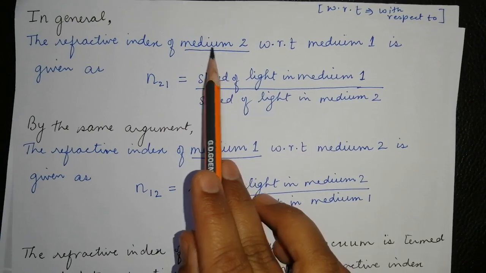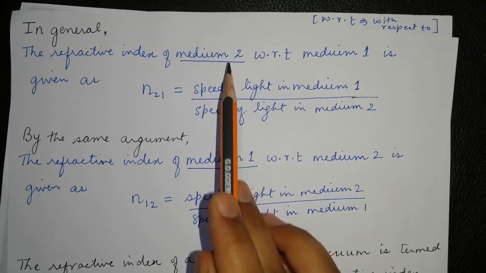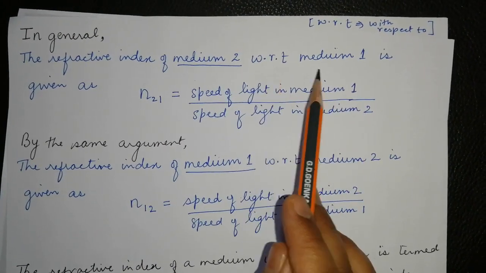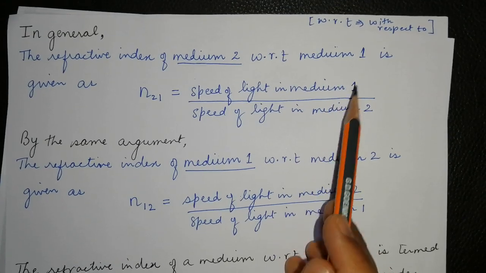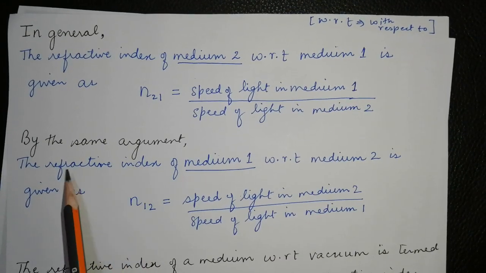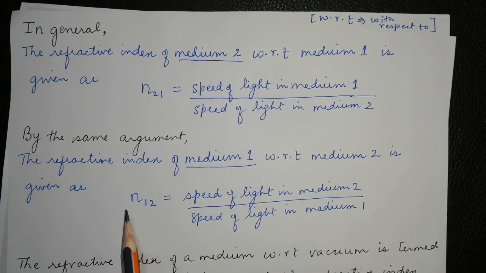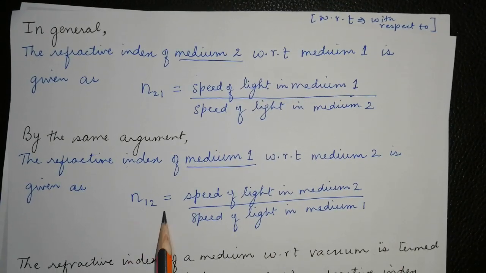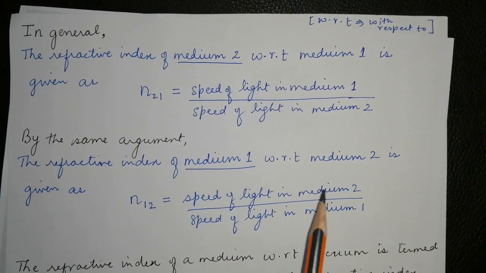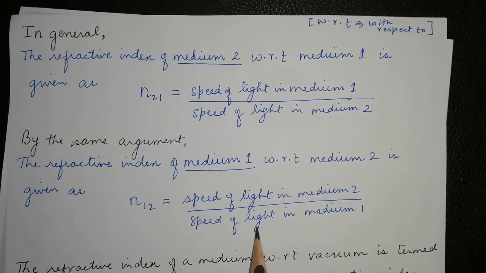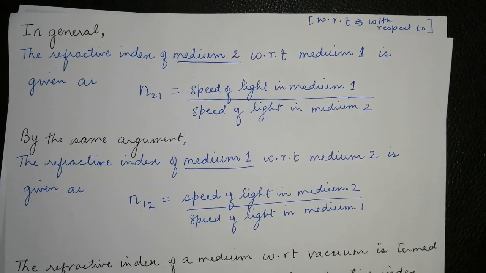The medium which we are investigating will be in the denominator, and the reference medium 1 will be in the numerator. By the same argument, the refractive index of medium 1 with respect to medium 2 is N12, speed of light in medium 2 upon the speed of light in medium 1.